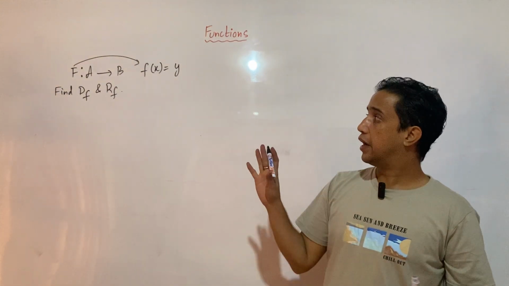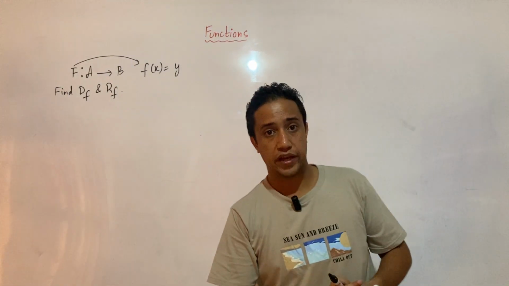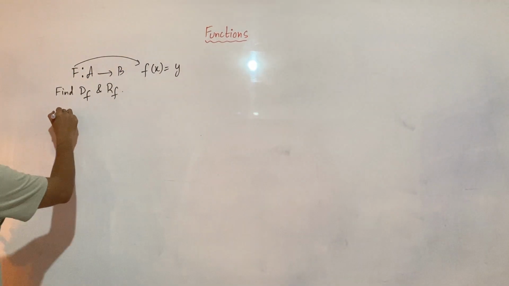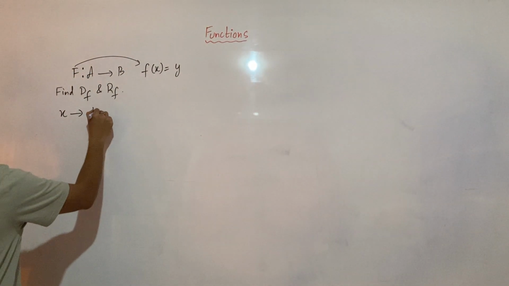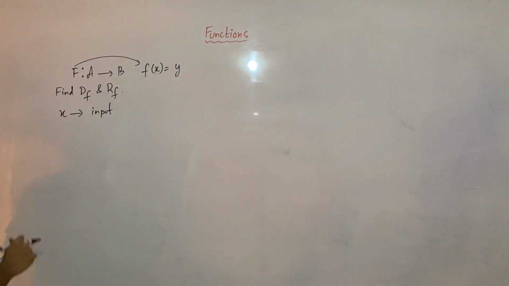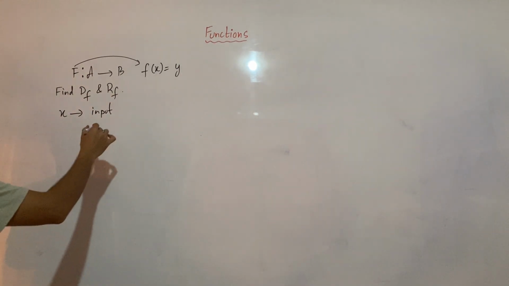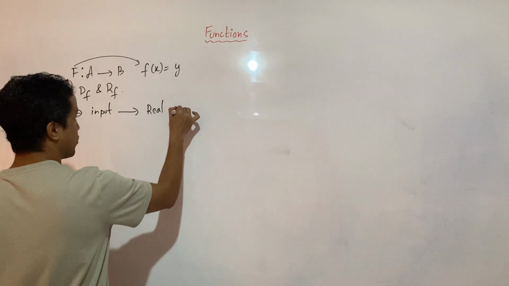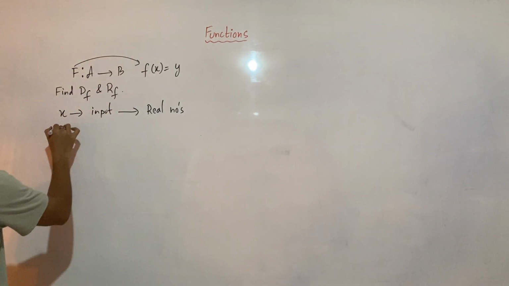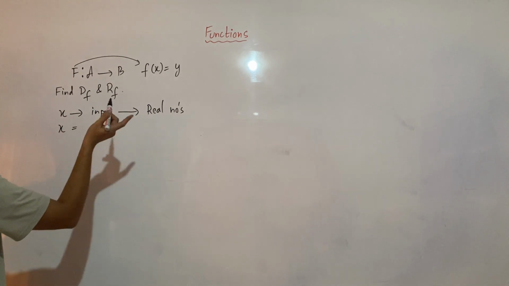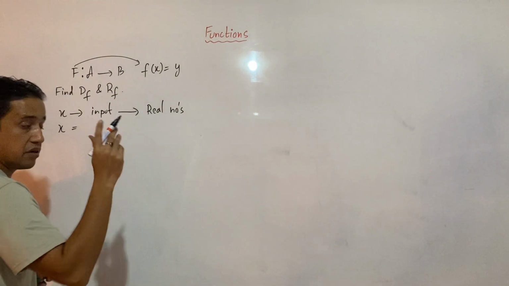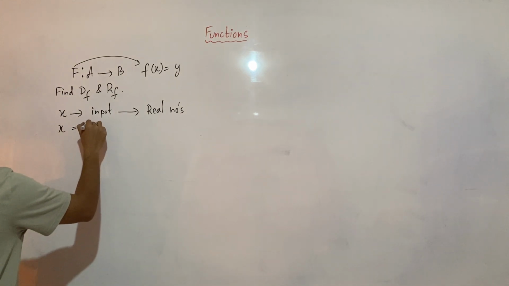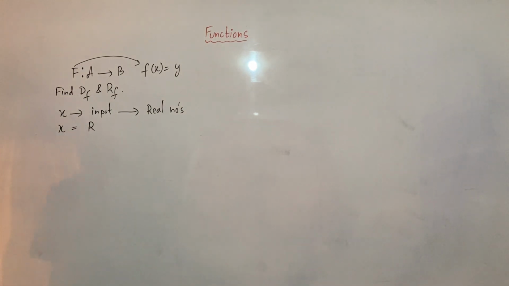So here you can do that. How? Now see here, your x represents what? Inputs, right? And what can be the input here? The input can be any real number. So your x is going to take all the real values.